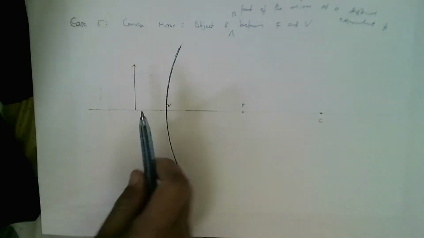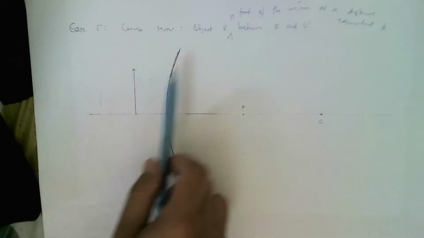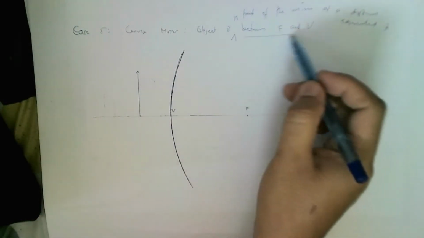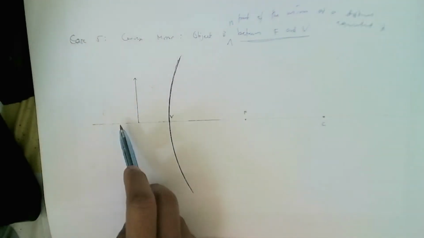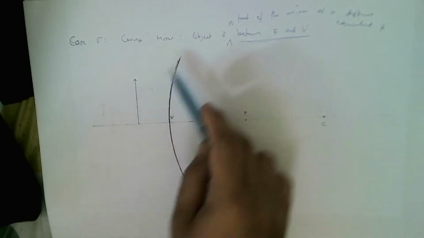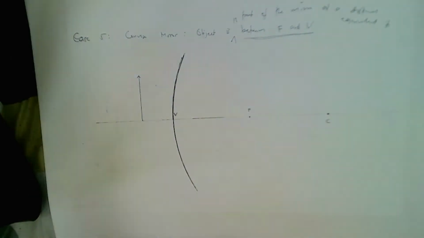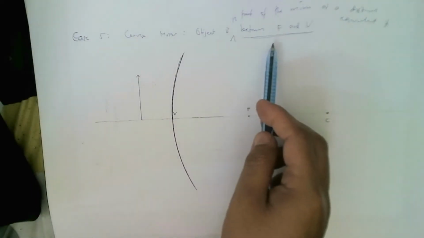Okay, and again, I'm placing it here because we want the convex side. So we still use the word between F and V, even if technically there's no F here. There's no V because remember in a convex mirror, the F and V is on the inside of the mirror. But we'll just use that as a gauge for the distance.